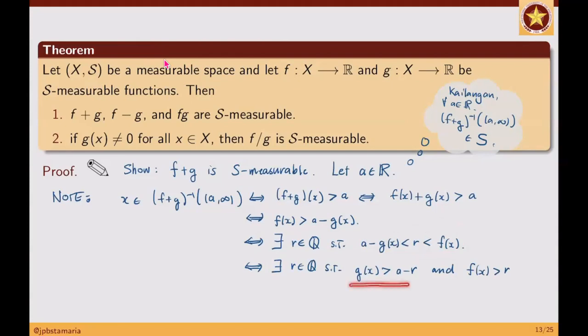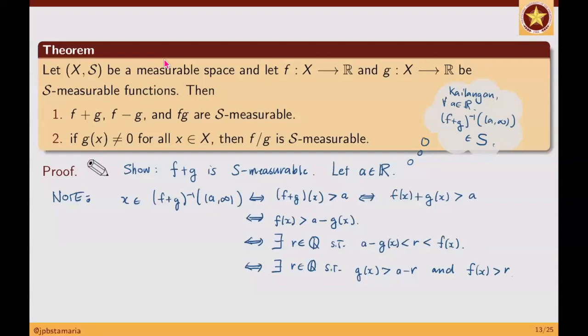Ito, nanggaling to dito. Nilagay ko sa kanan yung G of X, yung R sa kaliwa. Okay? Please consider rewriting. Okay? Then this inequality was obtained from the second inequality.